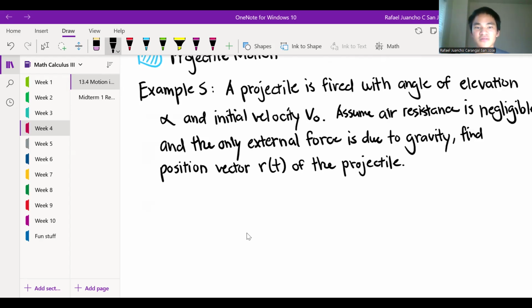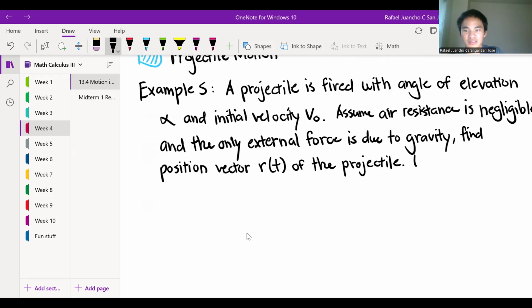So here we're only considering gravity. There's no wind, there's none of those. So that's the first task: we find r of t.